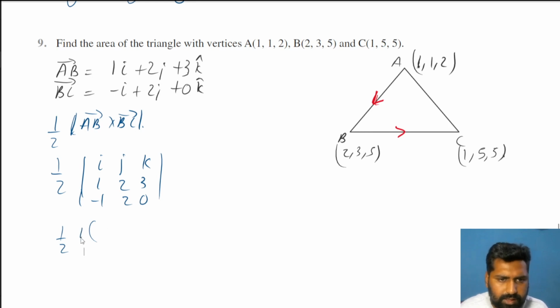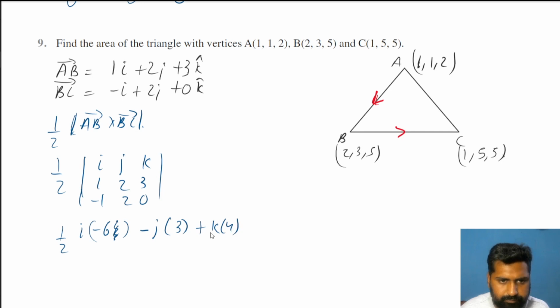It is coming 0 minus 6, minus 6i. Then for minus j it will come 0 minus minus 3, again 3, plus k into 2 minus minus 2, so 4.